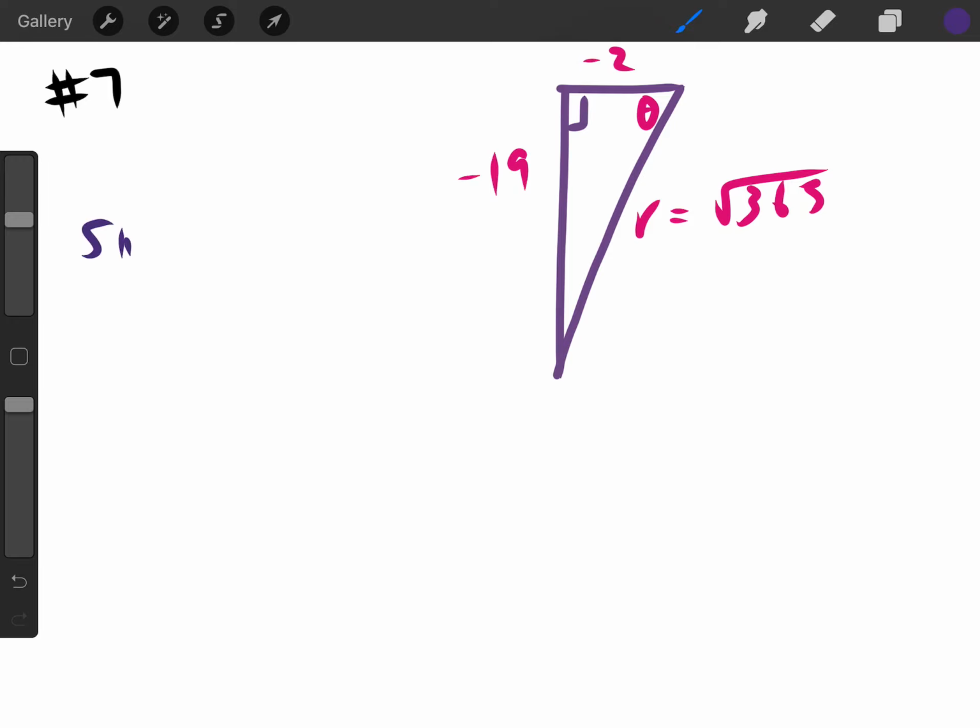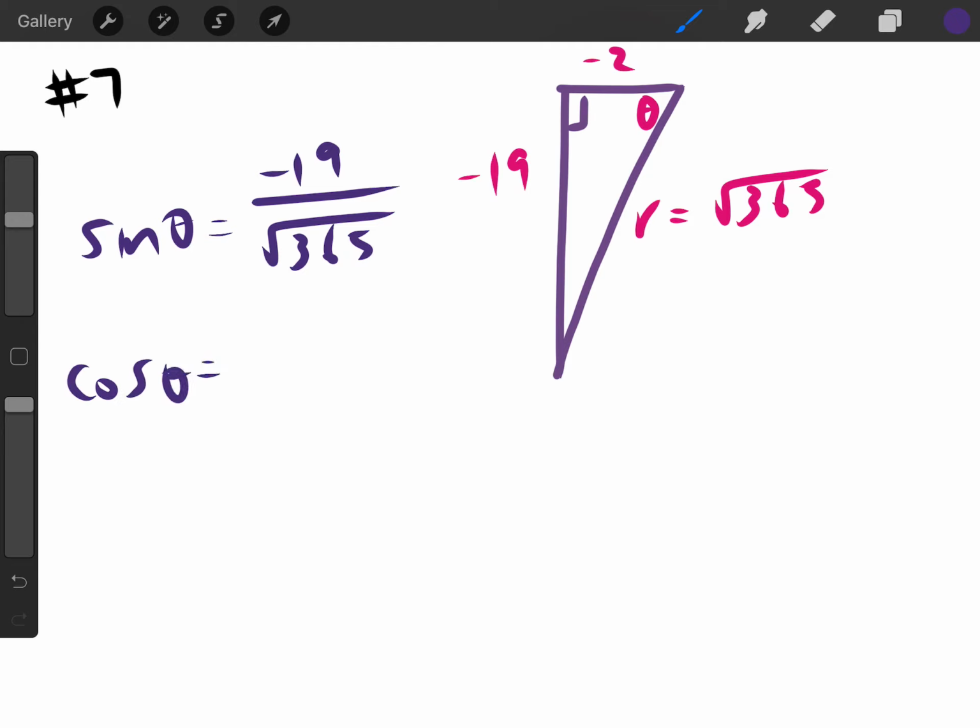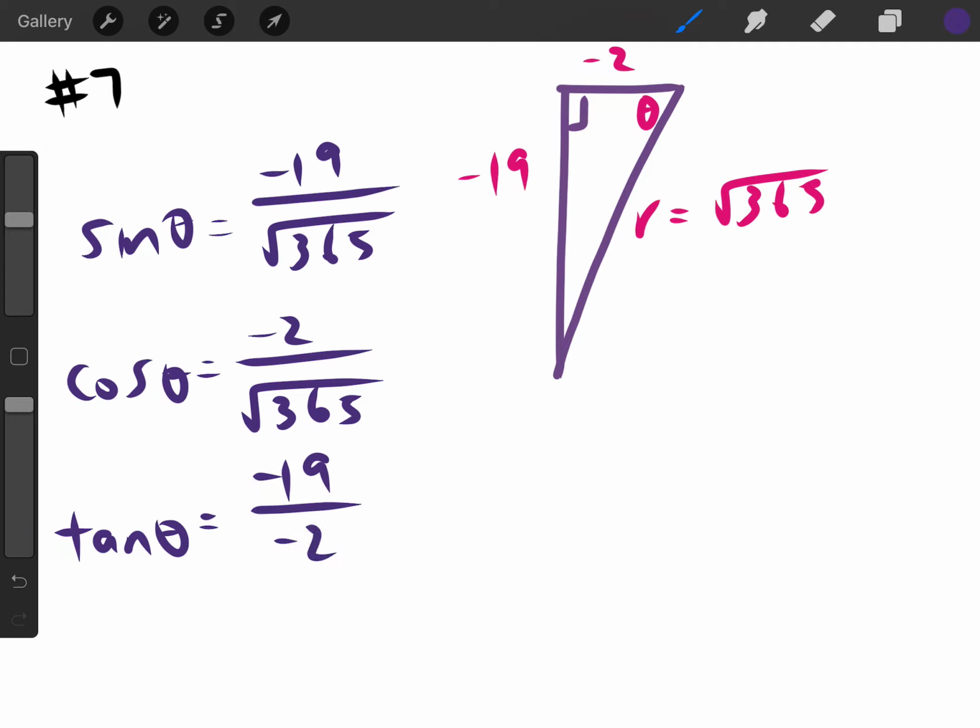Okay, so sine theta is equal to opposite over hypotenuse. So -19, that's the opposite side, over the hypotenuse, square root of 365. Okay, cosine, you're going to use adjacent, which is -2 over the hypotenuse, square root of 365. Tangent is going to be opposite over adjacent.